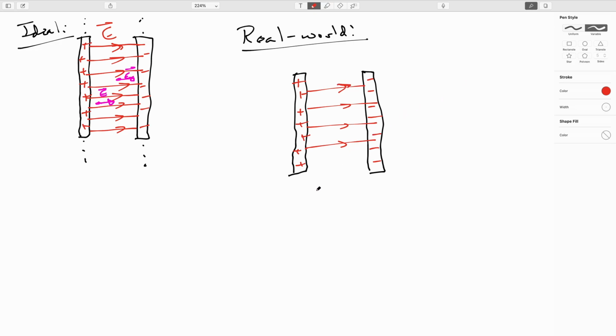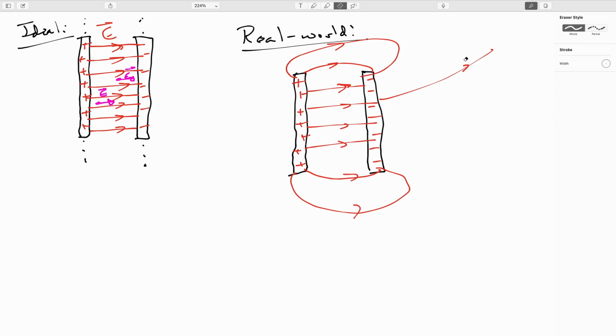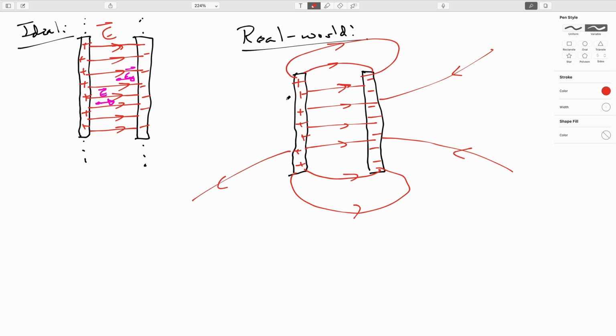But out at the edges, there will be some pin cushioning starting to happen, like this. And you can see the spacing of the lines gets larger, so the electric field is weaker out here. And in fact, there will even be, whoops, got my arrowhead pointing the wrong way there. In fact, there will even be a small number of lines coming in from and going out to infinity.